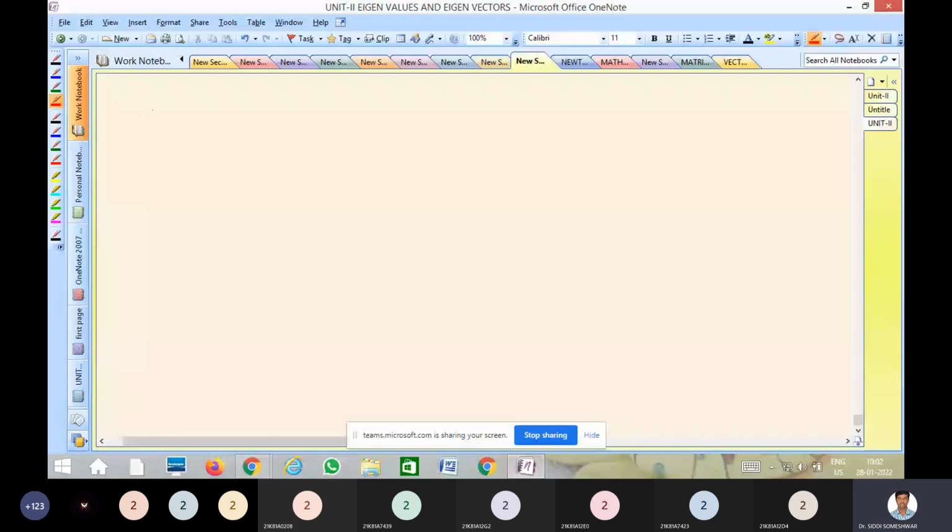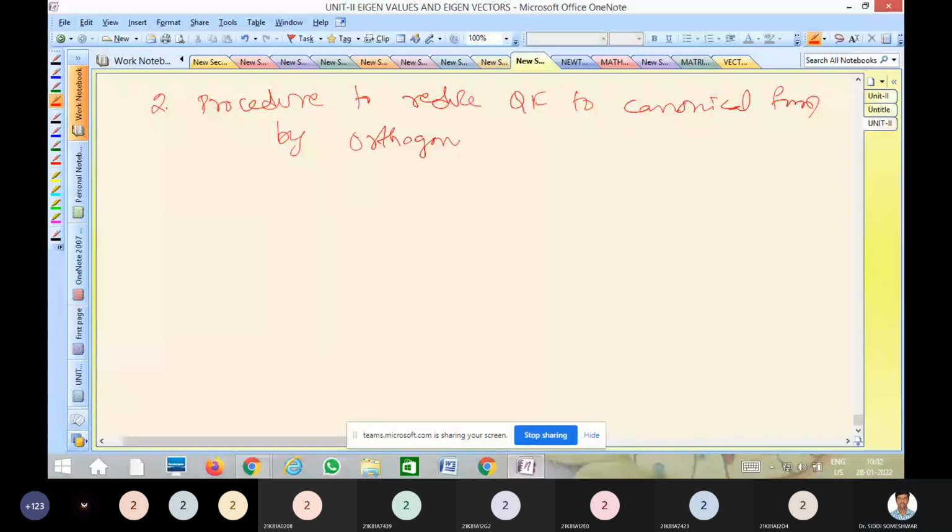I am writing a procedure to reduce a quadratic form to canonical form by orthogonal transformation. We can call it orthogonalization.